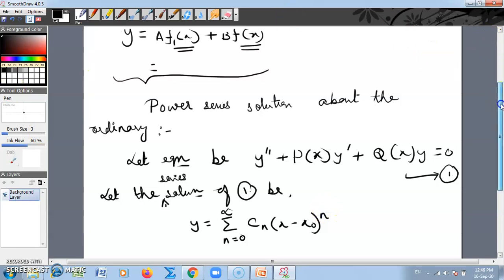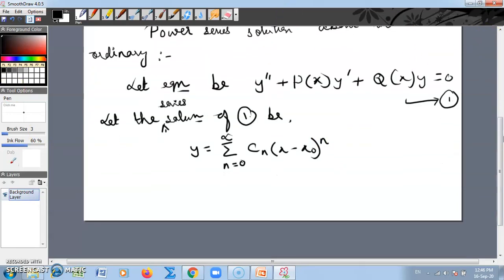Then after that, let us differentiate. Let this be 2a. Differentiating with respect to x, what do we get?